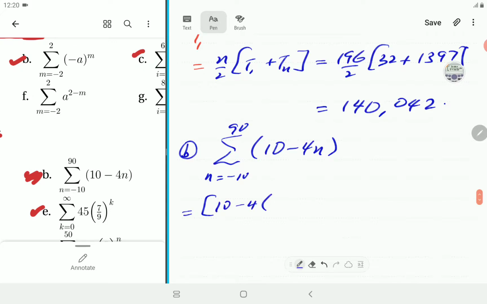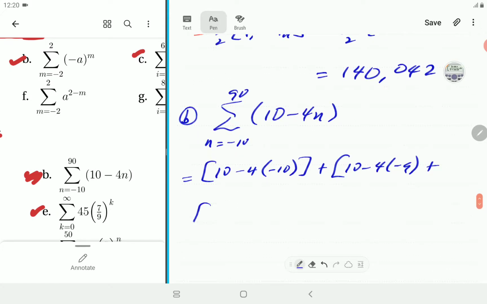So 10 minus 4 times minus 10, plus 10 minus 4 times next integer, which is minus 9. Then 10 minus 4 times negative 8. And then the last term is going to be 10 minus 4 times 90.